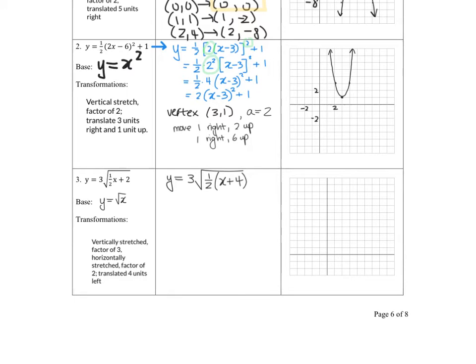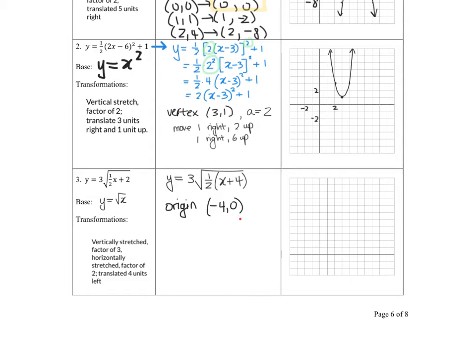In terms of my work for the next part for graphing, my origin is actually at negative 4, 0, because that would be the D and the C value, okay?